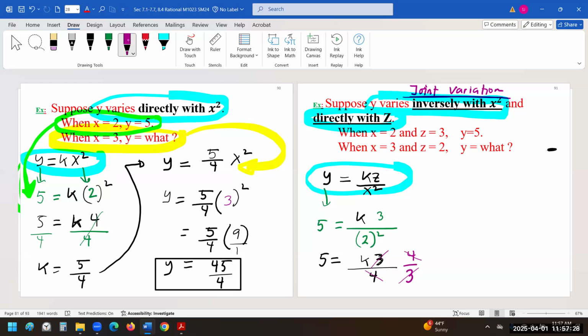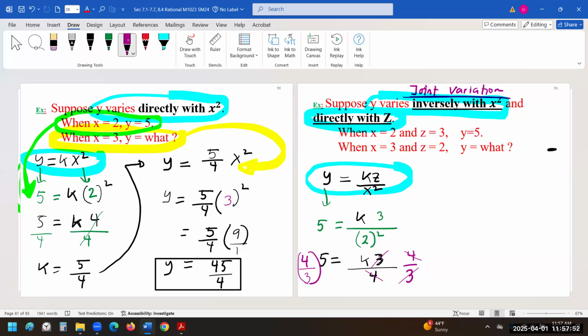To get rid of anything from the numerator, you put it on the denominator. To get rid of anything on the denominator, you put it on the numerator. So you need to multiply by the reciprocal of 3 over 4, which is 4 over 3. That means you also have to multiply 4 over 3 on the left side.